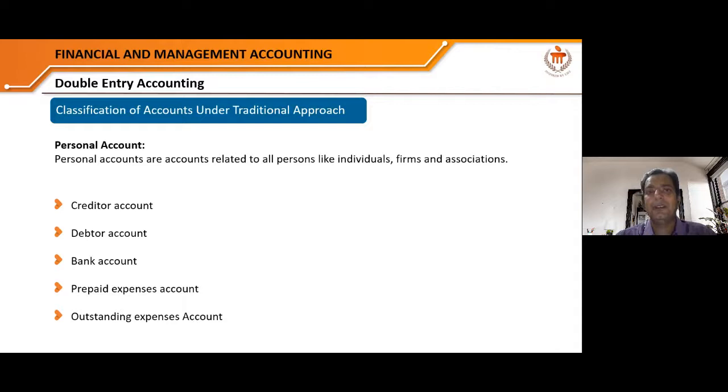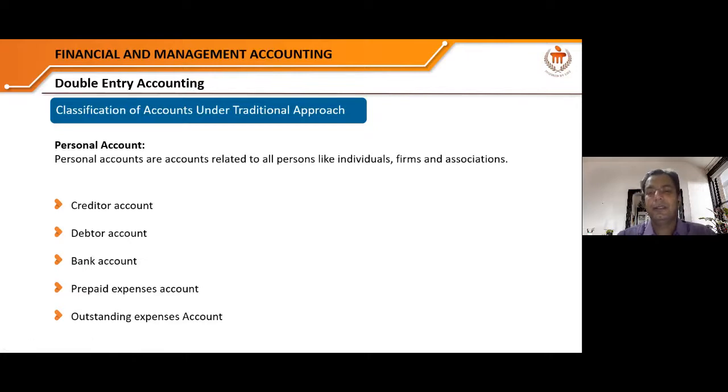True. But again, that is due to somebody, that you owe to someone, that you need to pay to him. Again, because there is an organization, an entity, a person behind it, it falls into the category of personal account. The list is not complete. There are examples which I have taken over here.